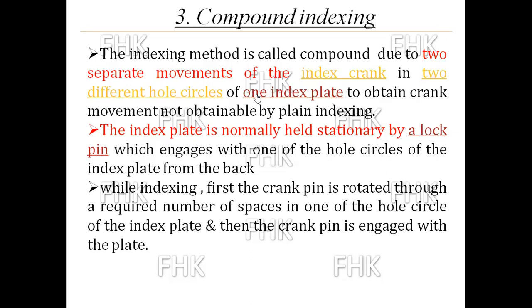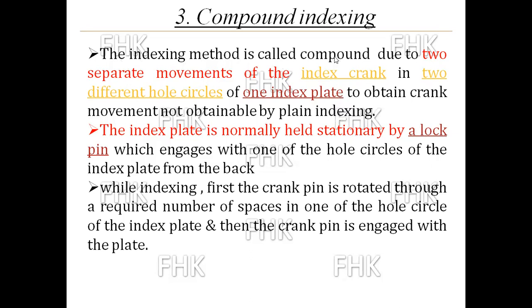Once you fix that plate, either first, second, or third, you will not disassemble it until the gears on the blank disc are completely cut. This is the condition. That's why after fixing one plate, you have to select two different hole circles on the same plate, and two different motions are given to the index crank.